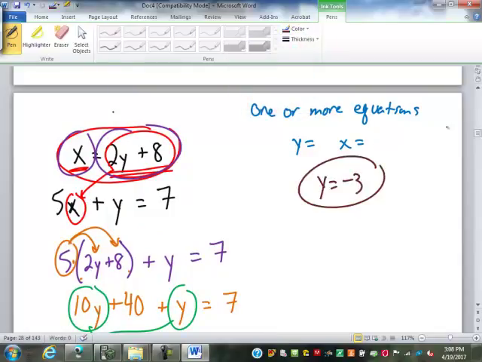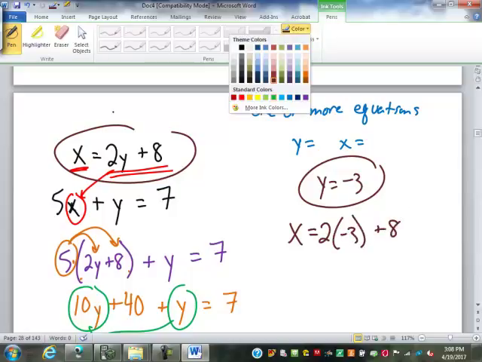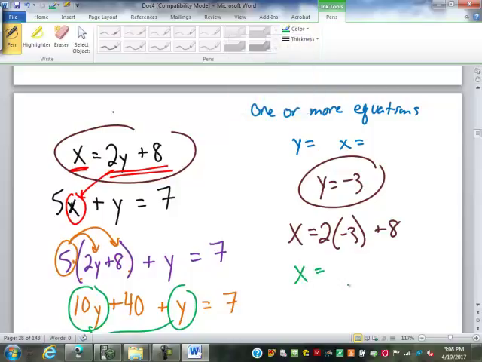Now we're going to find x by going back to one of the original equations. Now here I'm going to go back to this top equation because it's already solved for x equals. So 2 times y, I'm going to put in negative 3 where the y is. So 2 times negative 3 plus 8. What do I do next there? 2 times negative 3 would be negative 6.